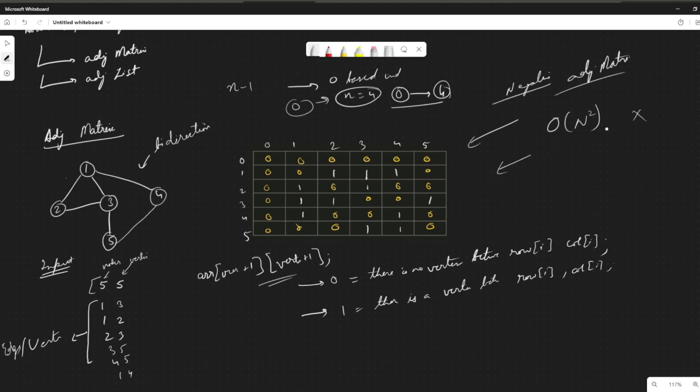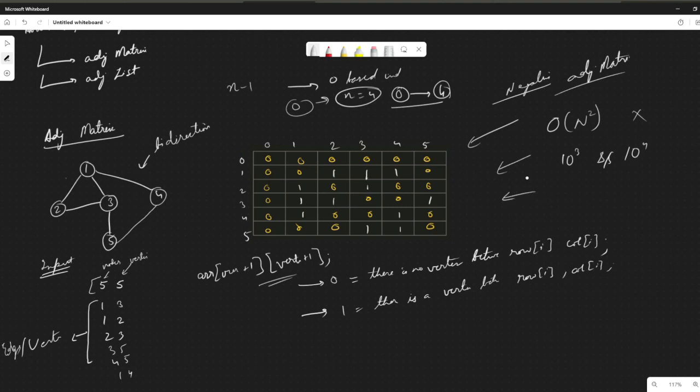And what is the maximum space we can use while making a 2D array? We can consider only 10 raised to power 3, and at most 10 raised to power 4.